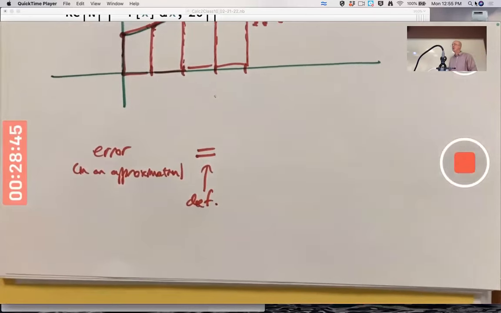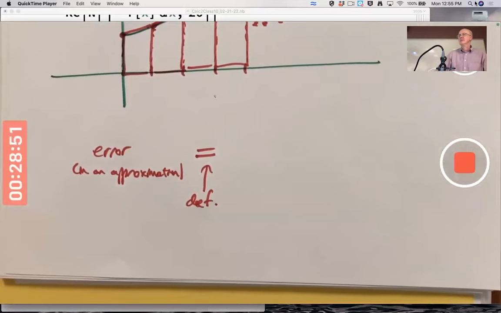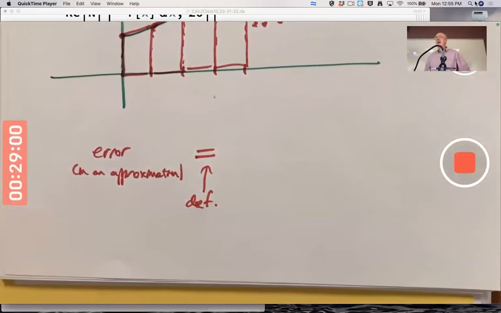You've got a situation where there's some quantity like an integral that you're trying to approximate, estimate, for example, using some numerical method. There is some exact answer, which in most practical situations you wouldn't know, and there's some approximate answer.